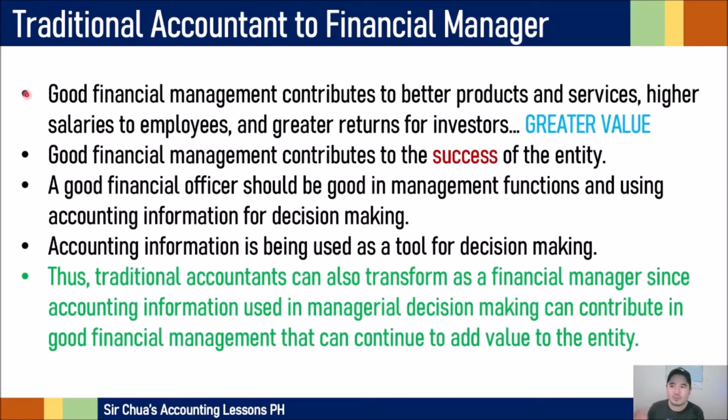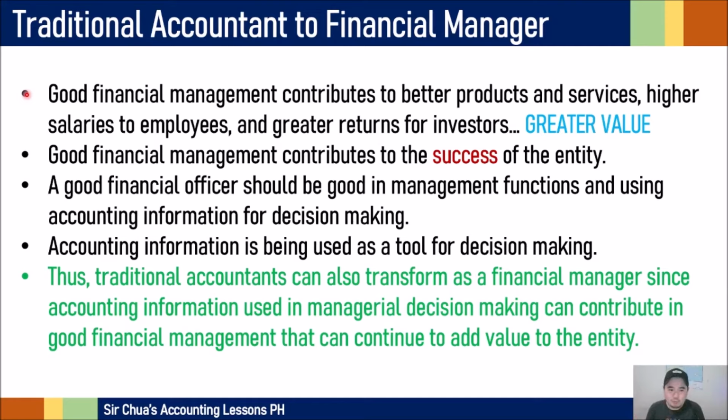So now, why are we looking at a perspective that traditional accountants become financial managers? Traditional accountants can also transform as a financial manager since they create the accounting information, right? And that accounting information can be used in decision making, and those decisions can contribute to good financial management. And again, if you have good financial management, it could add value to the entity.